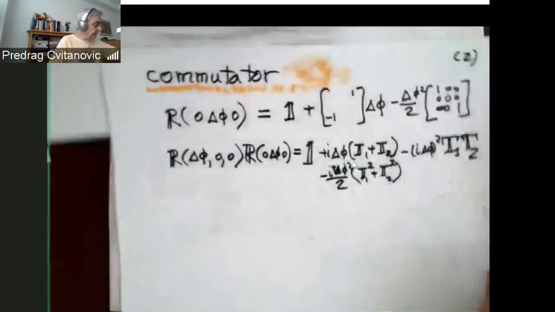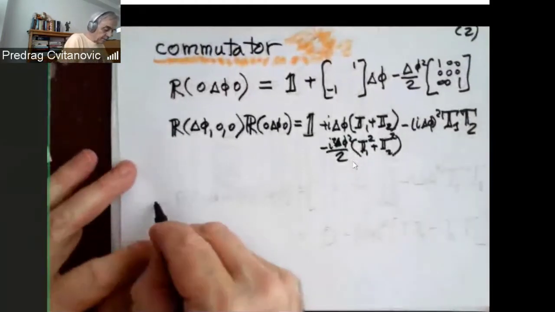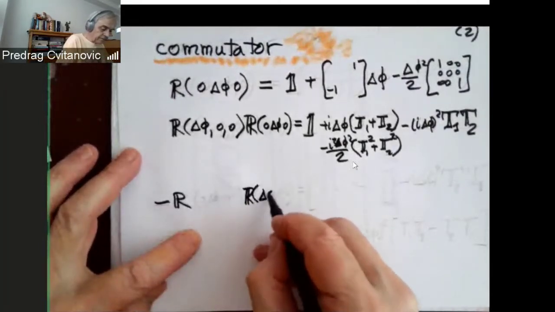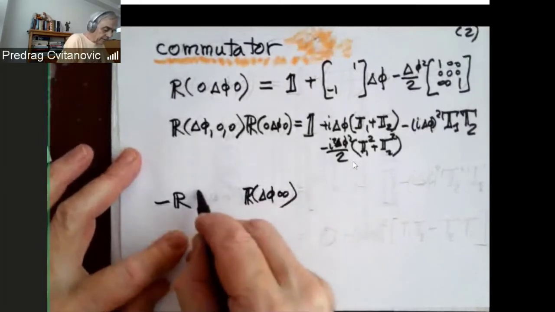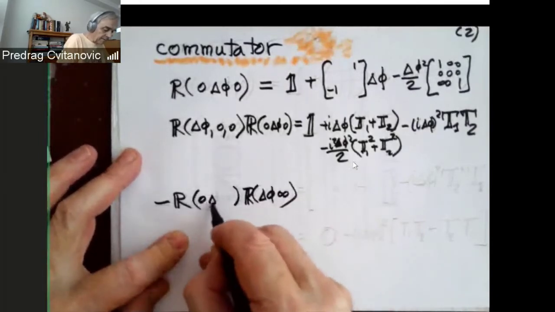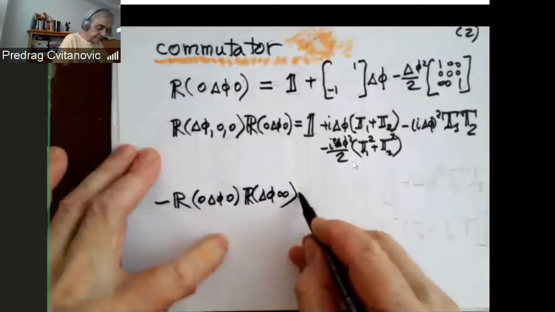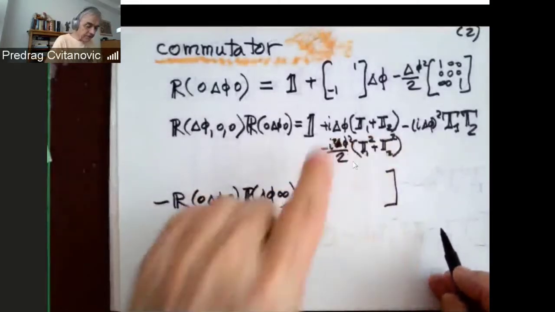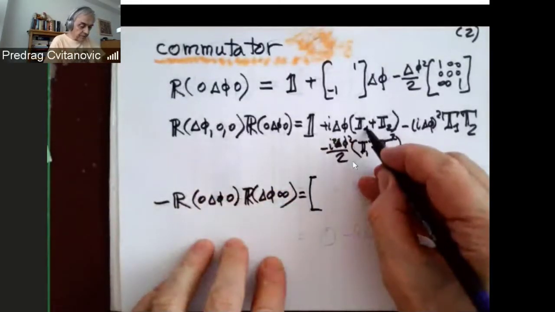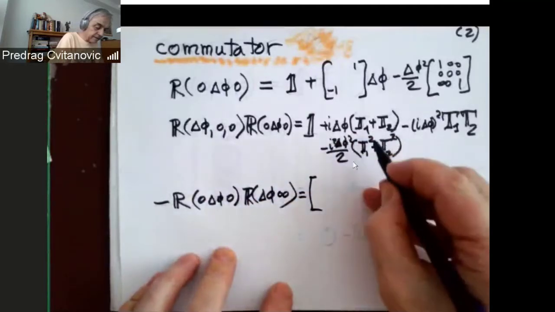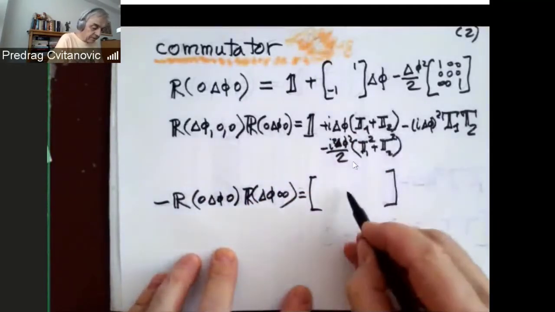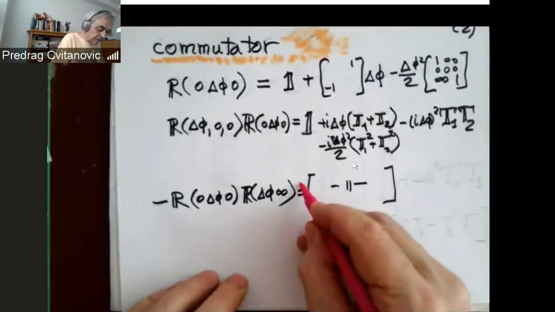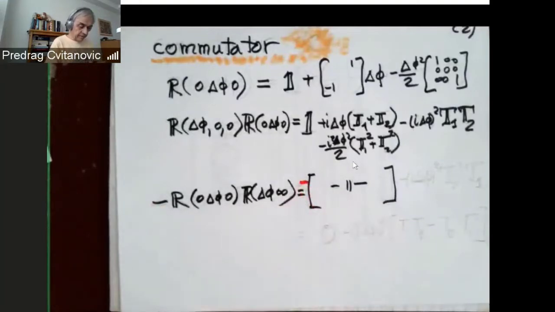If I do the same thing in the other order, which I want to subtract, rotate around X followed by rotate around Y, then nothing changes in this part of the expression because it is symmetric in 1 and 2. So this part is the same, but it has a minus sign in front because I'm subtracting.